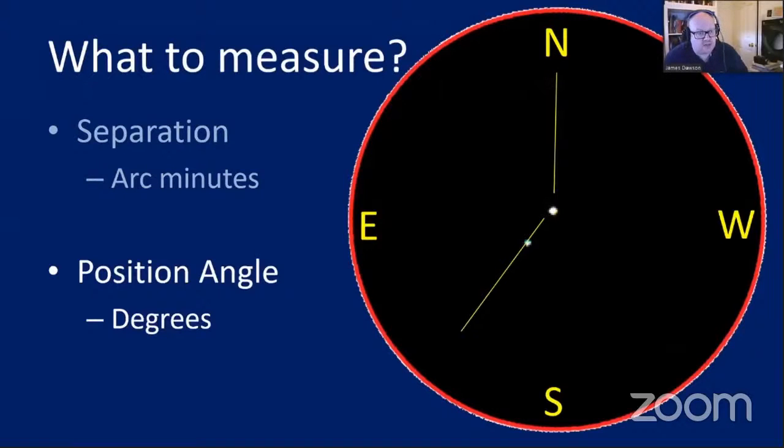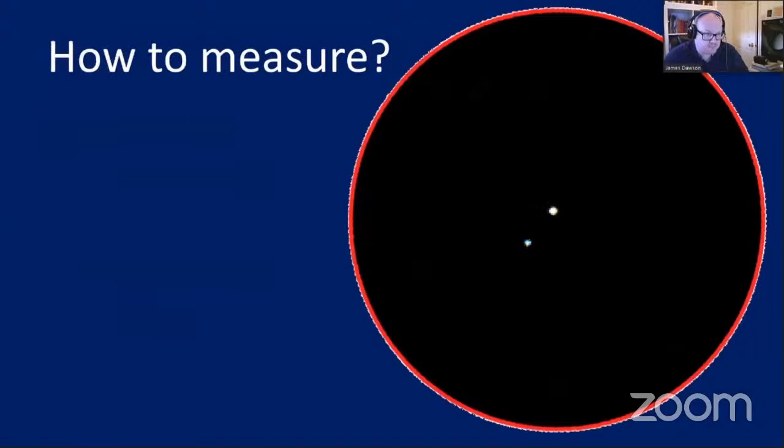Now on this image you can see east is on the left because the image is obviously flipped for this type of telescope. So we need to measure the angle from north to the secondary star through east, and on this star it's about 135 degrees, because if it was due east of the primary star it would be 90 degrees, and this has got a bit more added on.